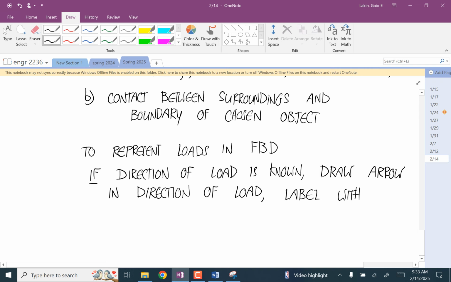Scalar just means number. So you're not labeling this with a vector, you're labeling it with a number, variable or value.